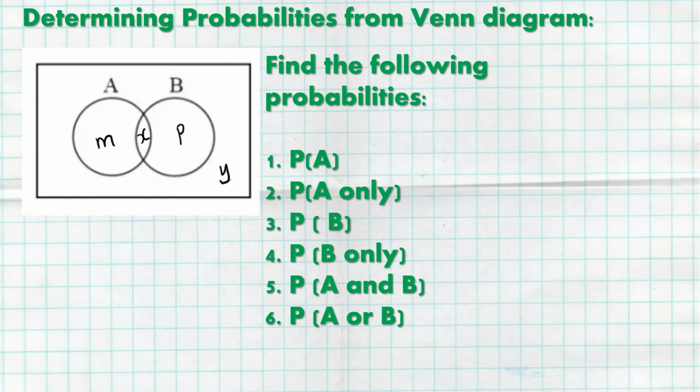Okay, so probability of A is going to be equal to the number of outcomes in A divided by the total number of the sample space.